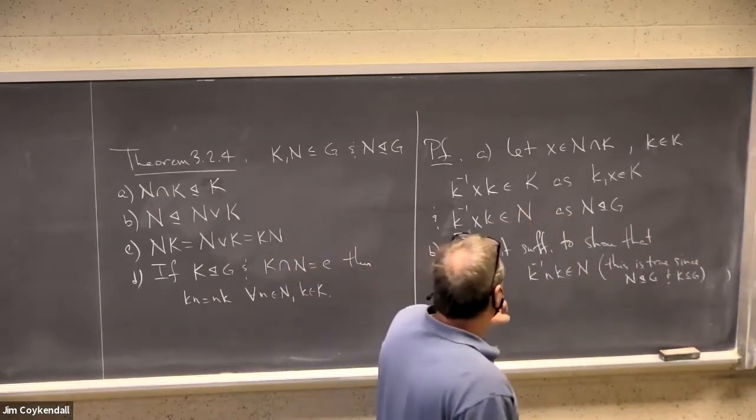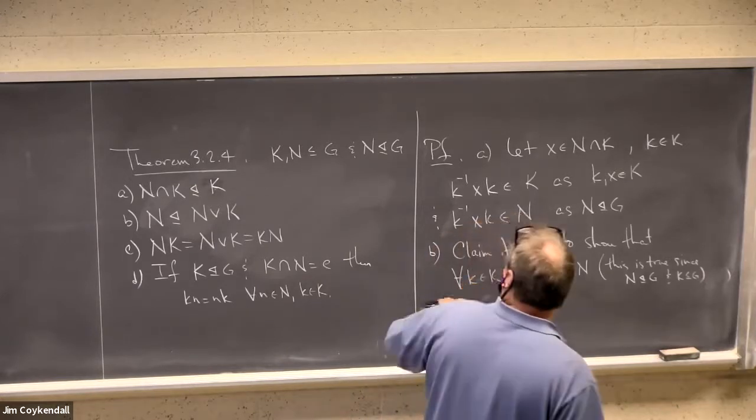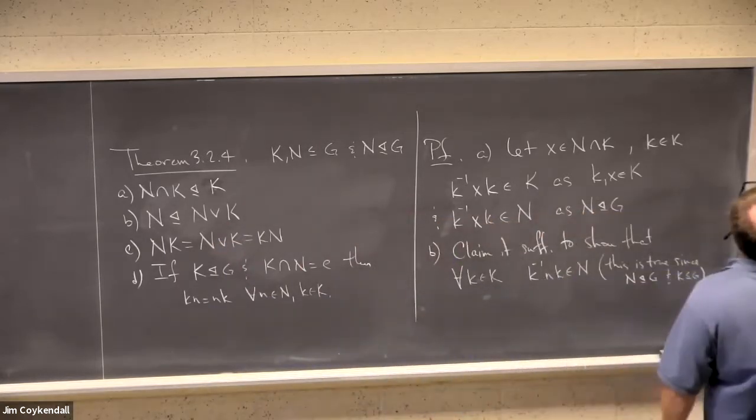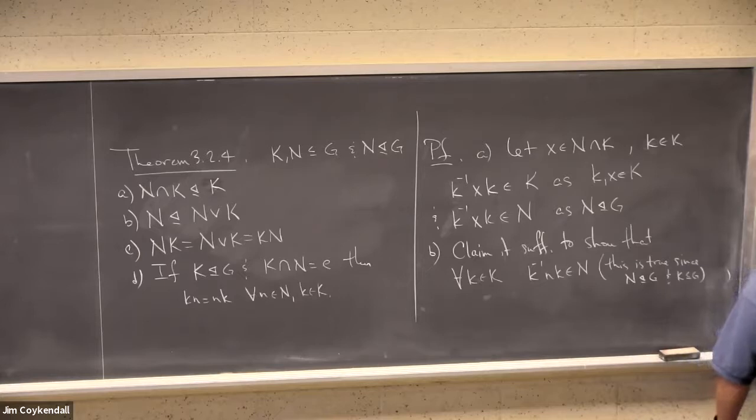Well, in general, what does an element of this look like? Remember, this is the smallest group that contains both K and N. So you can think of the elements of K and N as just sort of letters in your alphabet.